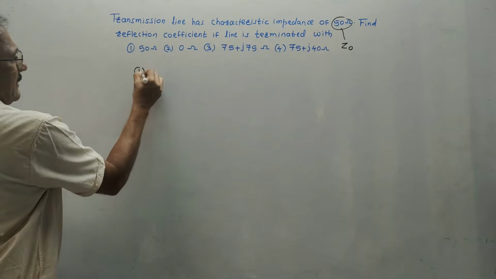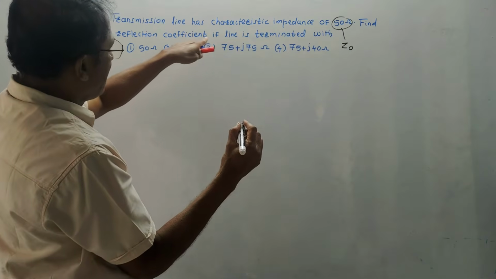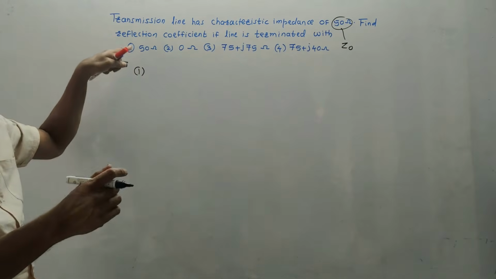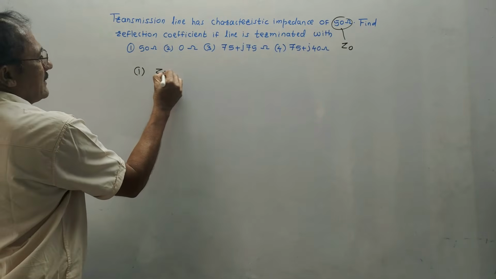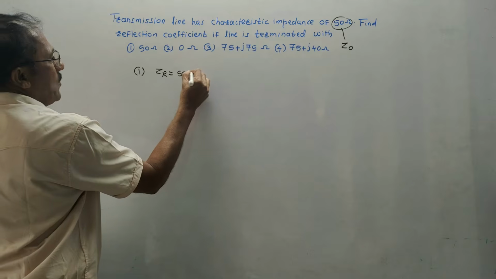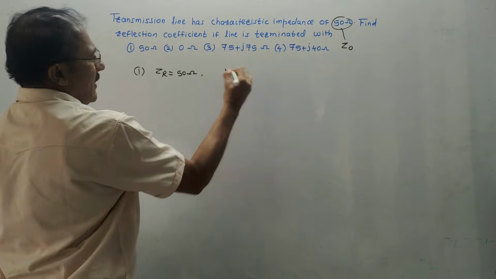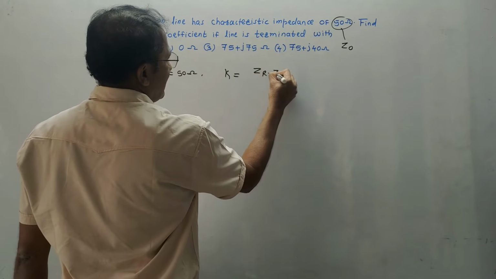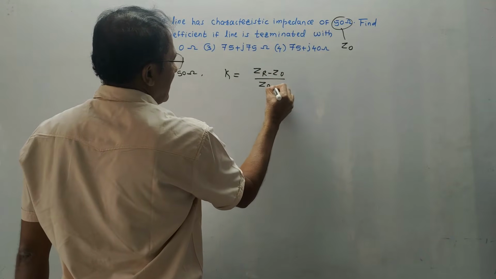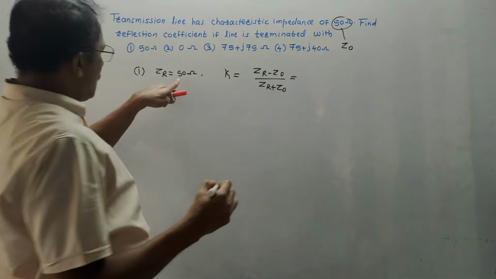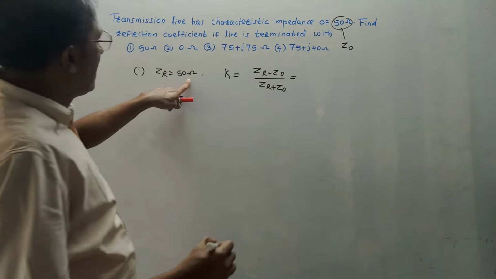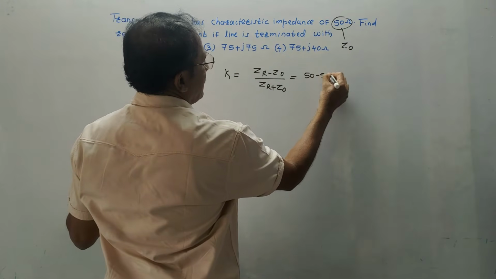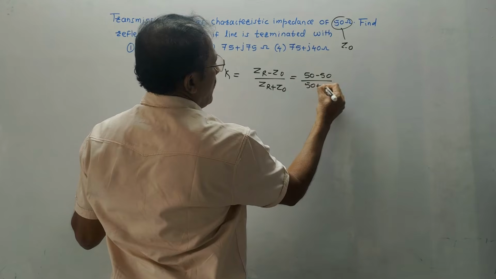It is clearly mentioned that these are the given values for ZR. So for the first part, ZR equals 50 ohm. We are supposed to calculate the value of K. The formula of K is ZR minus Z0 upon ZR plus Z0. So for the first part, ZR is 50 ohm, Z0 is already given as 50. So I will write 50 minus 50 upon 50 ohm plus 50 ohm.